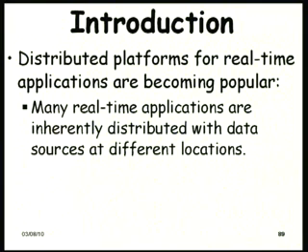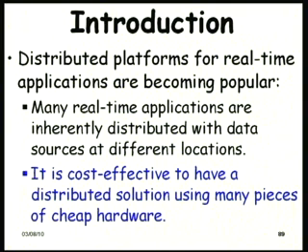The data needs to be processed locally and sent to a controller, and the controller sends some signal to the actuator, which is also a processor, and then it does some computation and drives the actuator. So, in those situations, in controllers and many other situations, we can have a naturally distributed system, and then it also becomes cost effective to have many pieces of cheap hardware rather than one centralized system.